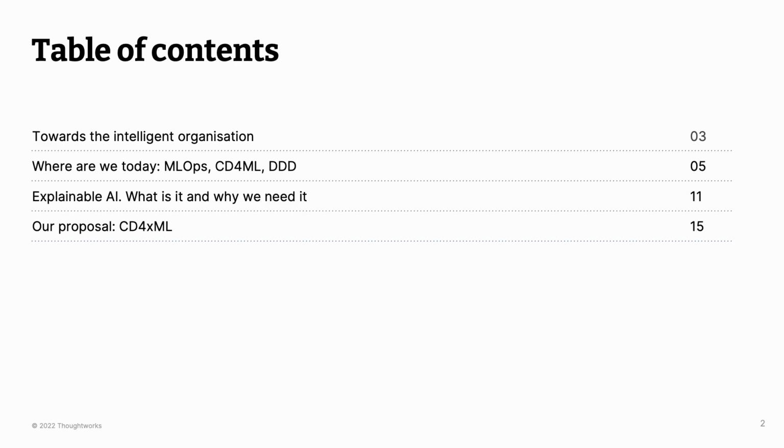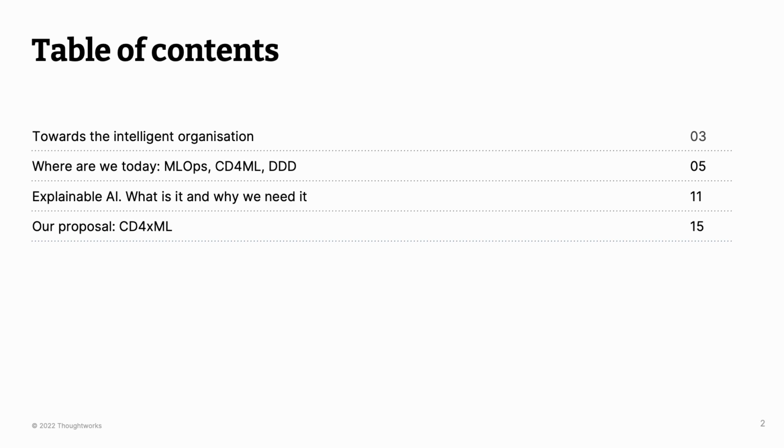So we have some pieces to get to the intelligent organization, such as MLOps, CD4ML, domain-driven design, and so on. And we are going to explain how all these pieces fit together towards this kind of intelligent organization.